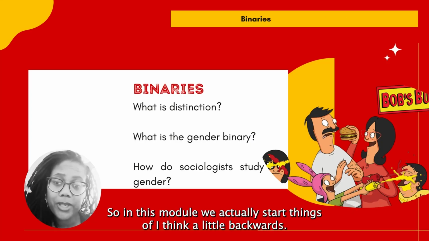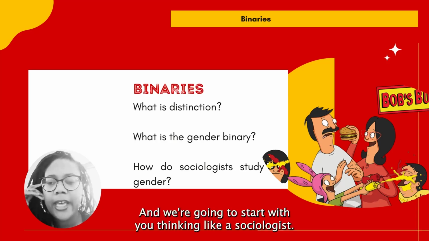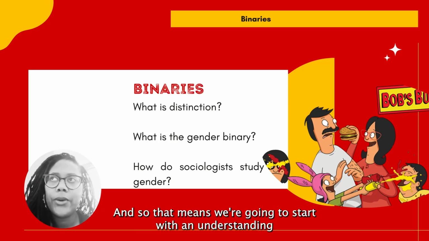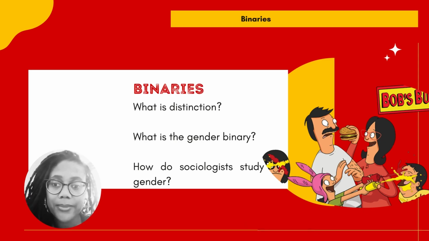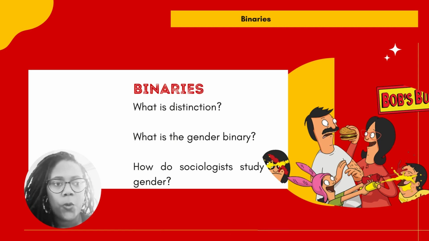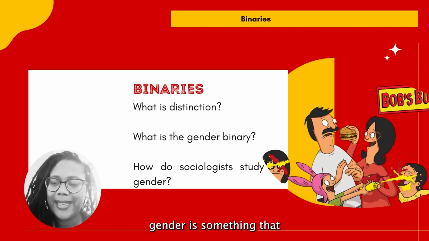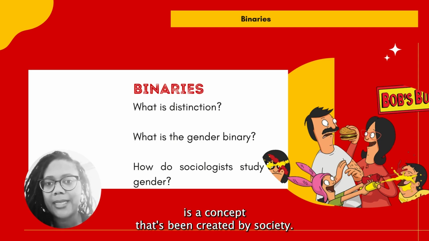So in this module, we actually start things off, I think, a little backwards. And we're going to start with you thinking like a sociologist. And so that means we're going to start with an understanding of how gender is socially constructed. And what that means is that gender is a concept that's been created by society.